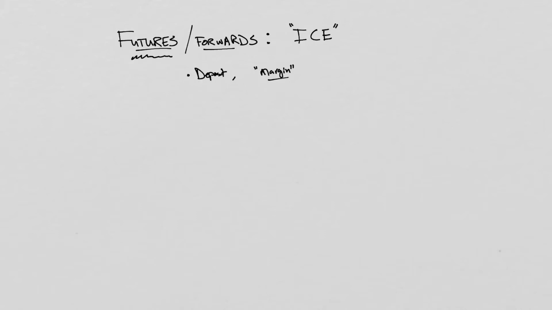And I noted that forwards are like a cousin to futures. Forwards are derivatives like futures, but they're traded OTC. That means over the counter. That means they're not traded on an exchange. Instead, they're traded between just two parties. Oftentimes, it's a bank and a client, or a bank and another bank.